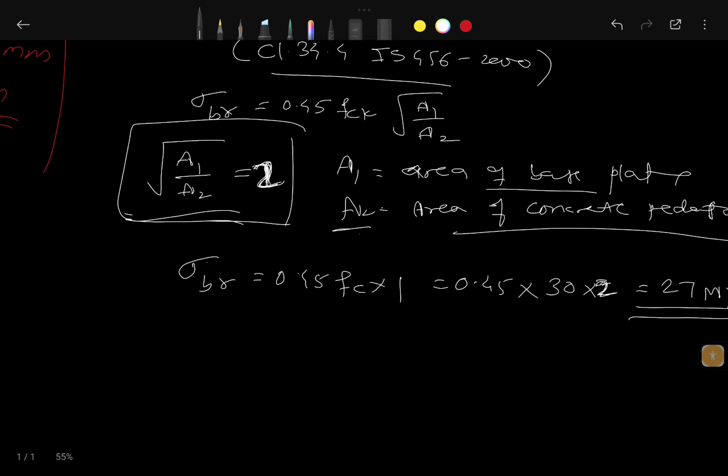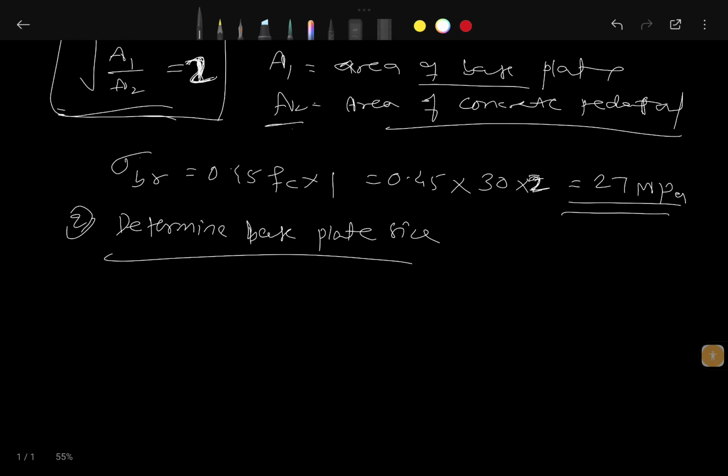Now in the second step, determine base plate size. For base plate size calculation, we have the axial load and the moment. We have the formula eccentricity is equal to Mu divided by Pu.